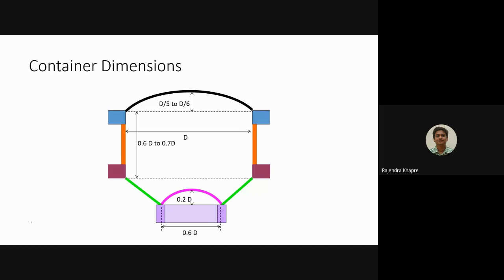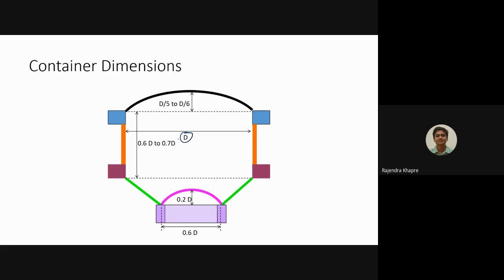So all these dimensions we have to find out in such a way that the required capacity of the container should be maintained. Okay. So generally, if we consider the diameter of the container as capital D, in reference to this D, all the dimensions are considered.